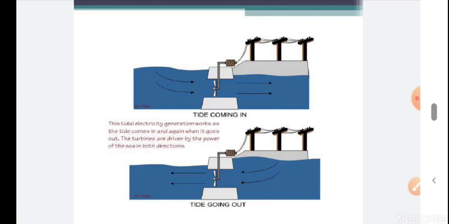Then the sluice gates are opened and the water will flow from the basin into the sea, and in this process again the turbine rotates and electrical energy is generated. Reversible turbines may be used in tidal power plants, in which the turbines rotate for flow in both directions.